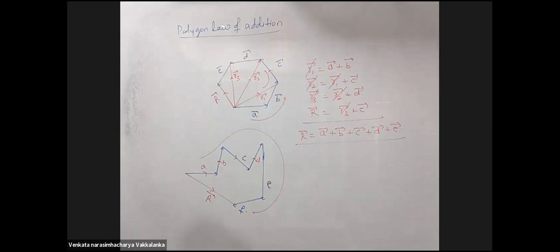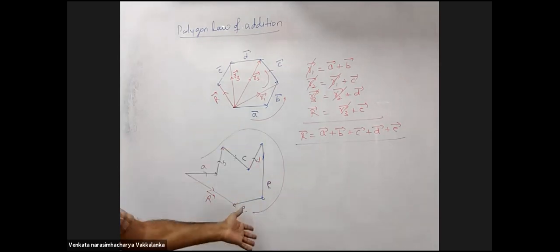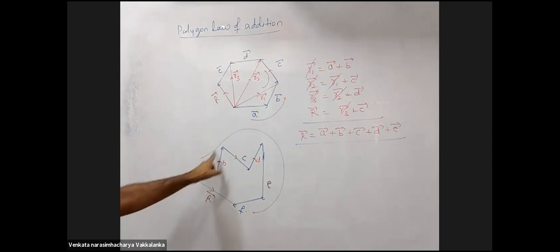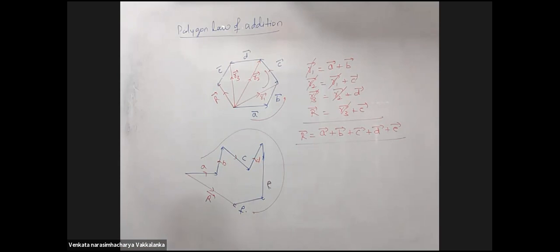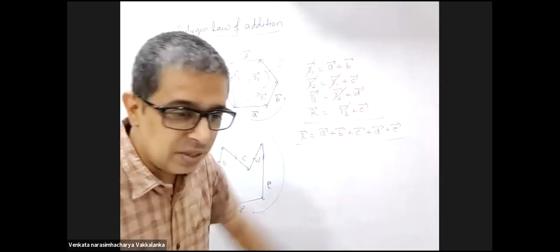So in this case also R will be A plus B plus C plus D plus E plus F. Resultant of all of them is A plus B plus C plus D plus E.